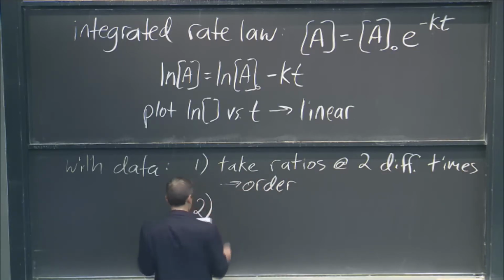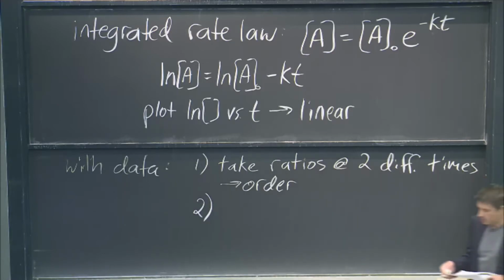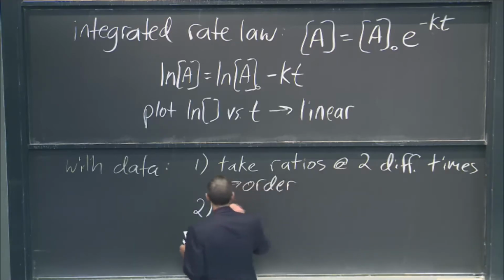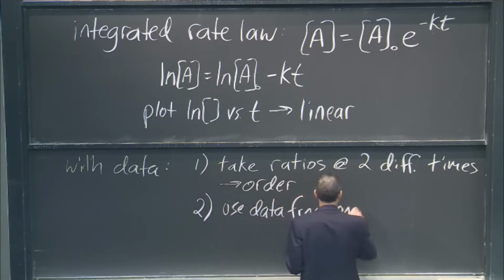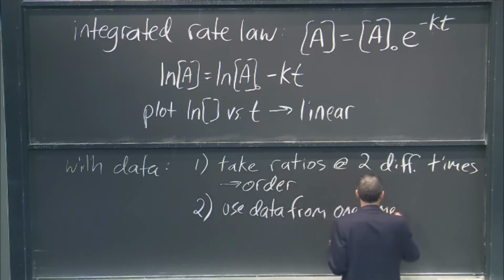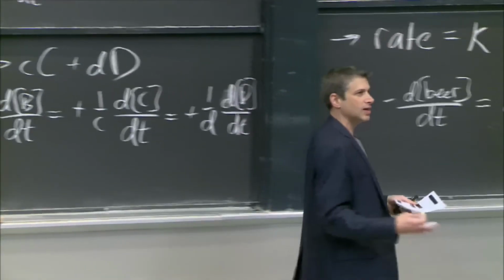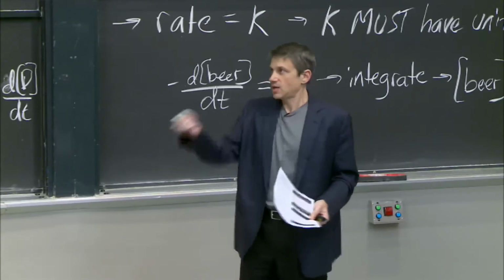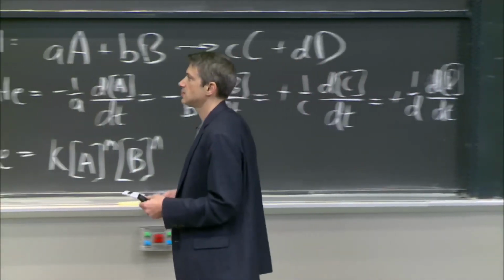And then you could go further than that, because once I know the order, I could use data from one time to get k. Because once I know the order, I know how to write down the rate law, and then I can use any of these lines to get k.